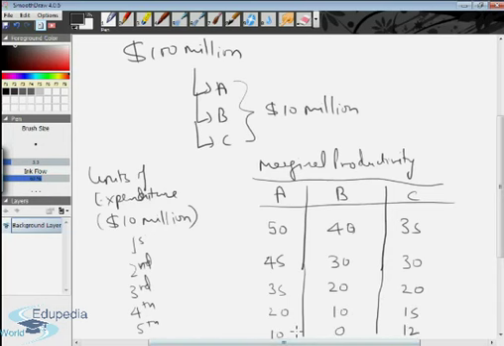This is the marginal productivity chart we can see. Each and every unit requires an expenditure of $10 million.